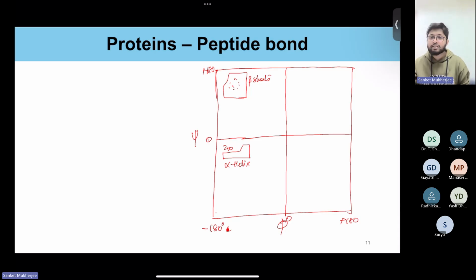If any amino acid residue is present in a region like this, which could be a disallowed region, which is not possible in a system, those things can be figured out. So whenever we make models computationally, or go for model refinement in different kinds of structural studies, we would usually refer to a Ramachandran plot. It's still very much used till date.